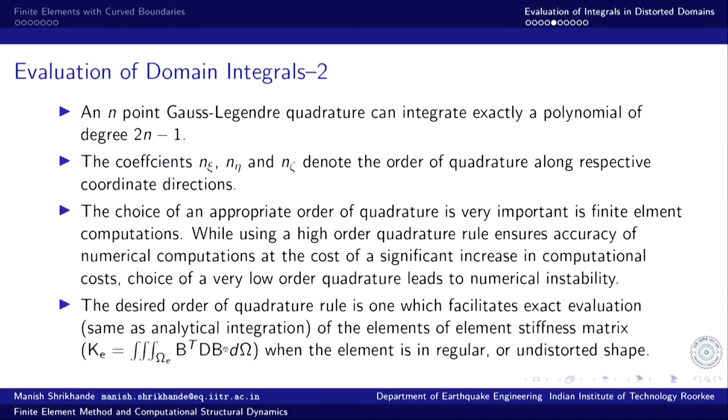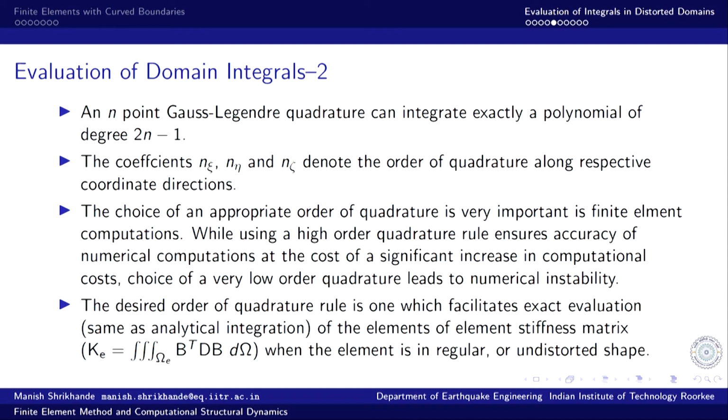So, for example, in case of a 4 node rectangle, matrix B contains linear terms x and y, because of the presence of the xy term in the displacement approximation. So, the first derivative would contain either x or y. So, the product would contain x square or xy or y square. So, when we compute this total product, the highest degree of polynomial term that we have is x square, xy and y square.